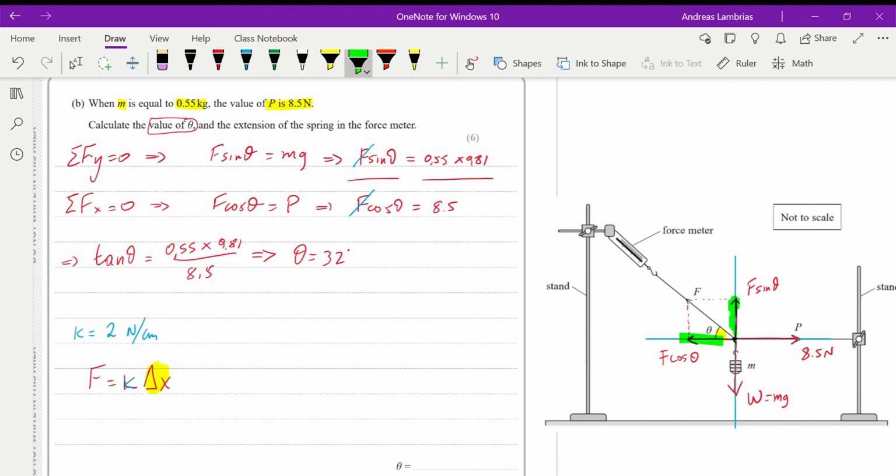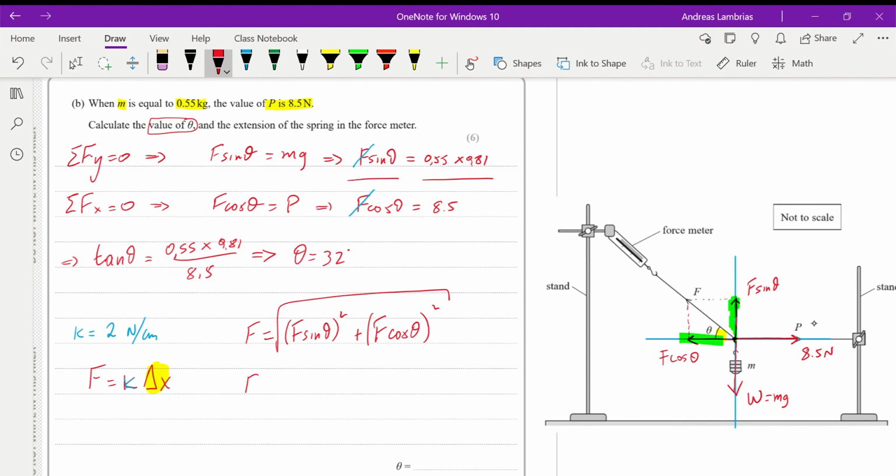In this case, I'm combining vectors, and because the two vectors are perpendicular to each other, I can find F using the Pythagoras theorem. So F squared will be equal to F sine theta squared plus F cos theta squared. Or I can just remove the square and put everything else into a square root.